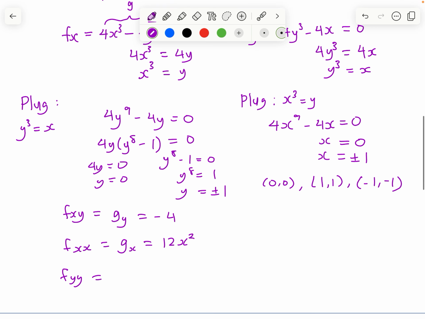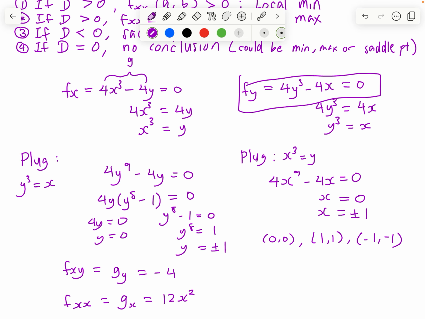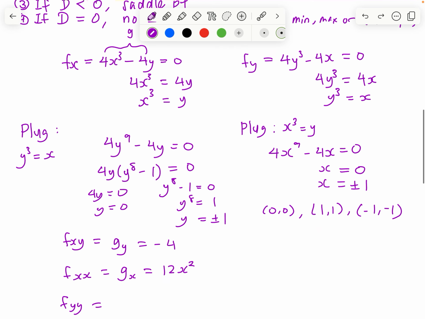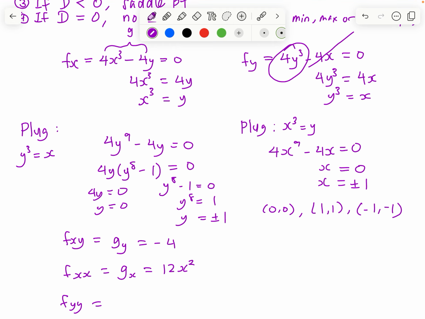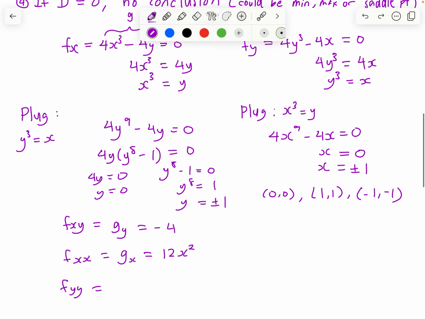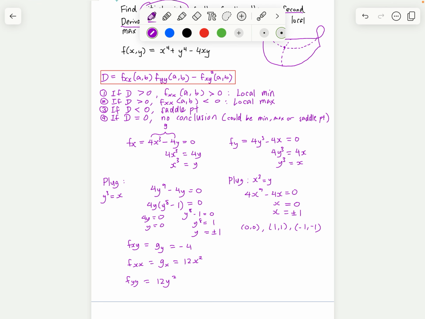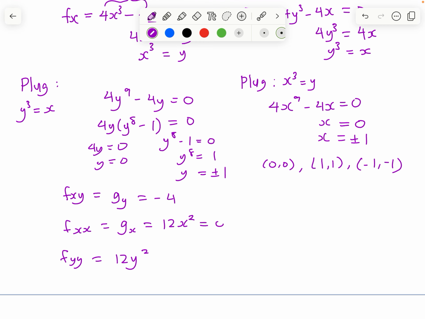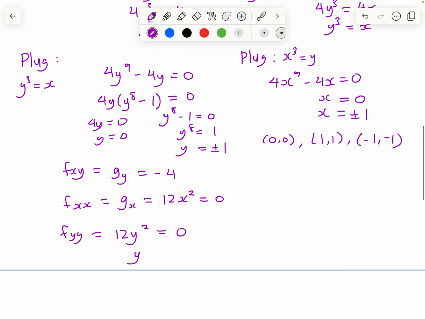And then for fyy, we're trying to take the derivative of fy with respect to y. So again, the negative 4x is gone because of a constant, and for 4y cubed, the derivative of that is just 12y squared. And when we take the second derivative, we want to also set it equal to 0 because we're trying to optimize it. And when we optimize it, we get y would just be equal to 0, and then x would just be equal to 0.